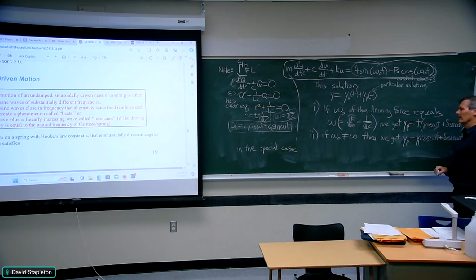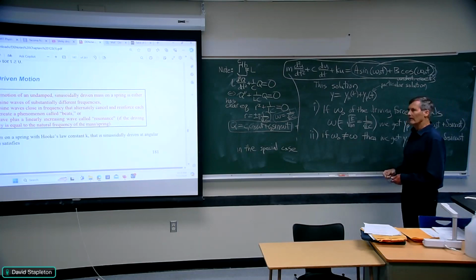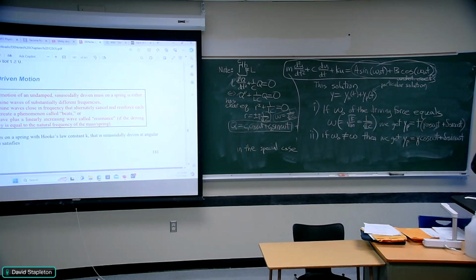So our table says you get t times a sine wave if you're pushing your sister at the same frequency, that's the natural frequency for the swing to go back and forth. But you just get a sine wave if you push it at any other frequency. And so what's the result in the solution? It's pretty interesting.